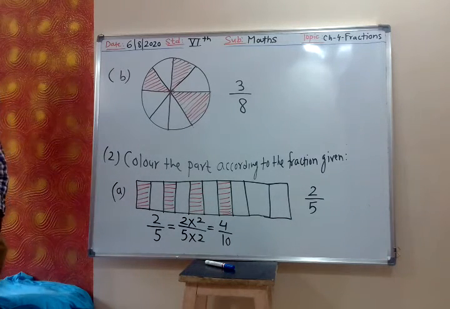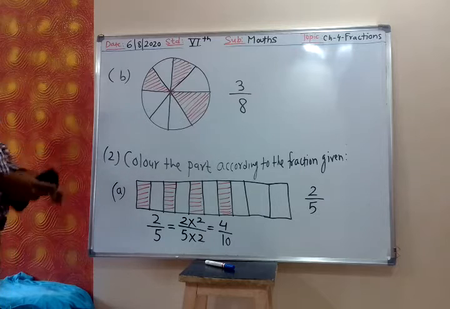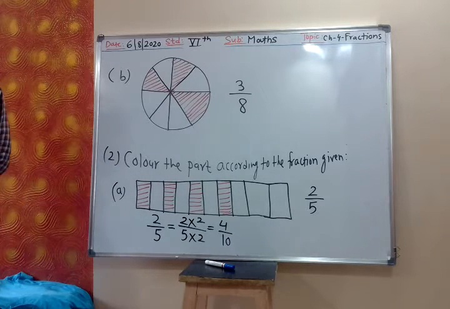So 3 upon 8 means 3 shaded parts out of 8 parts.